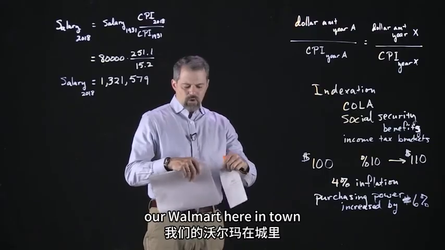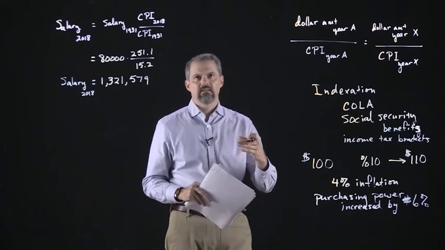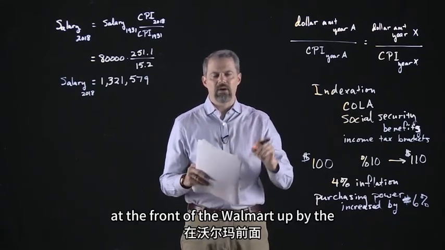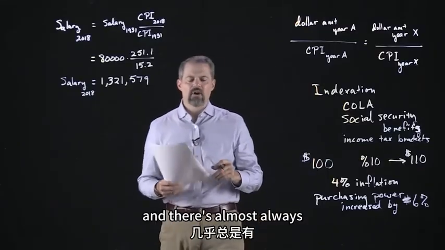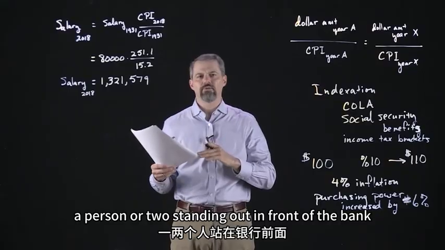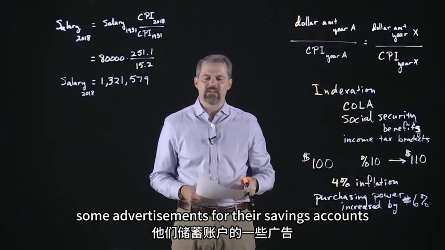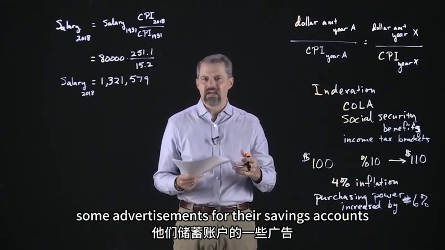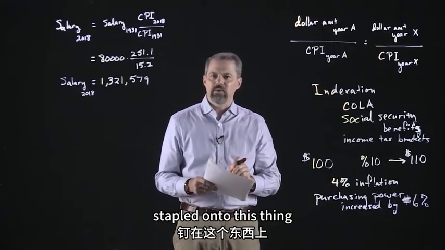Our Walmart here in town has a bank at the front, up by the checkout stations. There's almost always a person or two standing out in front of the bank handing out advertisements for their savings accounts and checking accounts. And there's always a piece of candy stapled onto this thing.